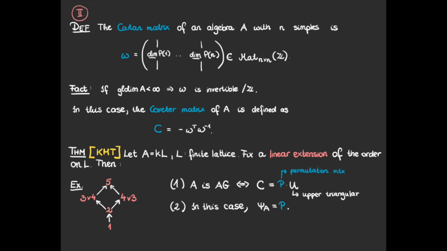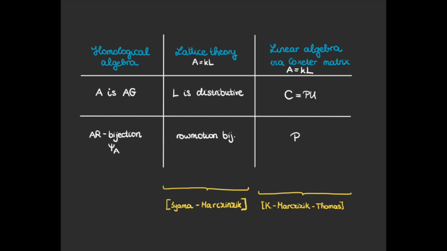Moreover, we also get that in this case, the map psi is going to coincide with the permutation which is associated to this permutation matrix P. So in conclusion, we can translate both of these homological notions into some factorization property of our Coxeter matrix.